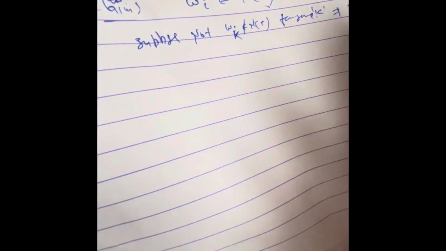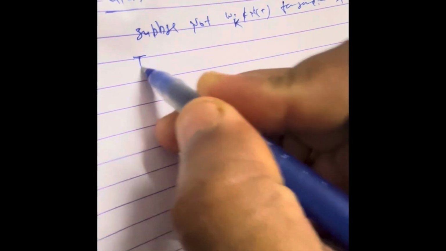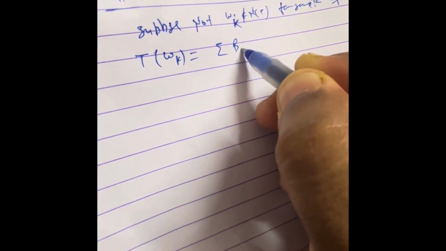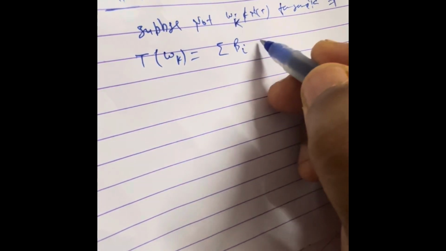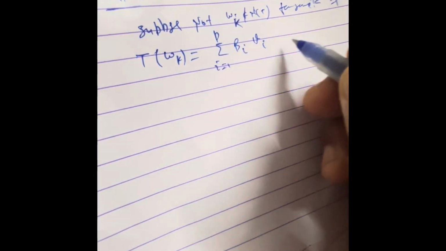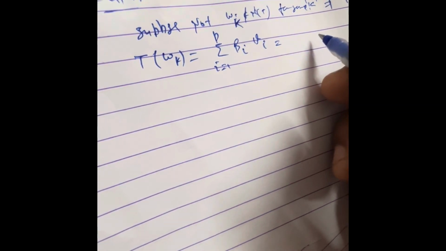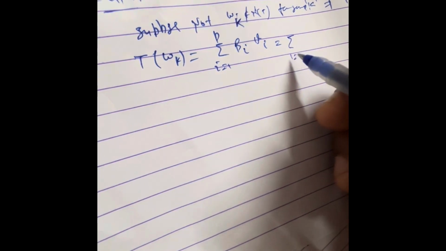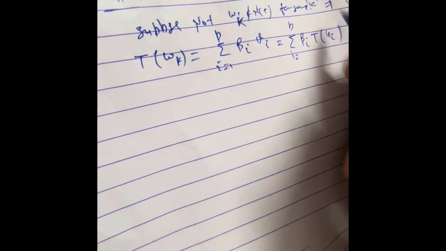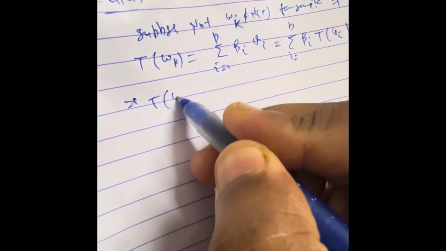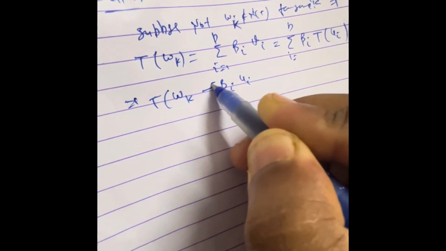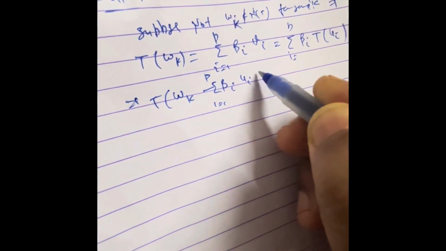Therefore T of w_k equals sigma beta_i v_i, where i is from 1 to p, which is equivalent to saying that sigma i from 1 to p, beta_i T of u_i, and then by transferring the whole thing we get T of (w_k minus sum of beta_i u_i), with i from 1 to p.